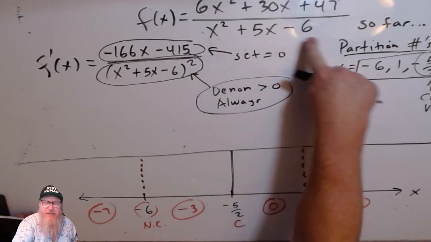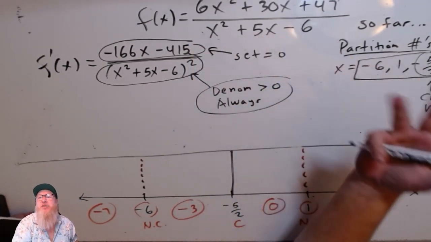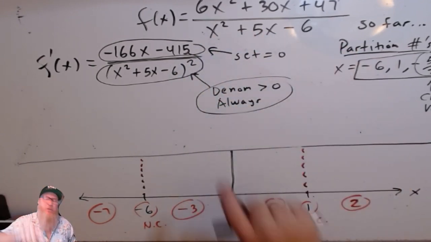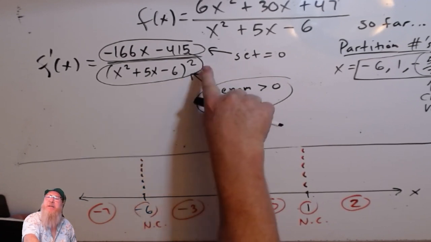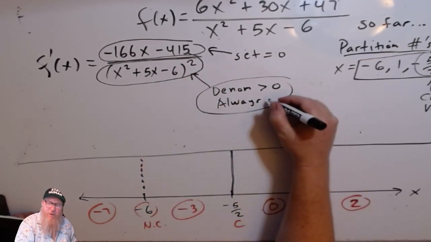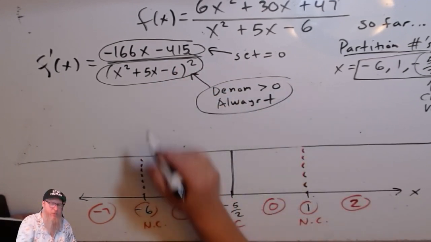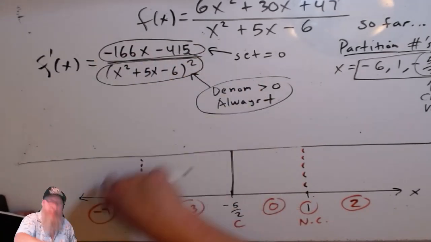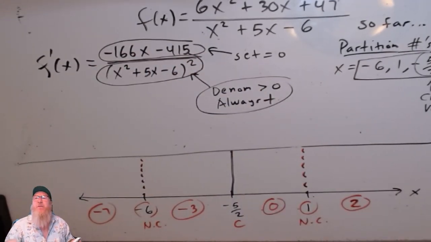The denominator of the original function didn't have the parentheses around it, so that's a whole different story. But the derivative is being squared, so it's always positive. So when I do my sign test, I don't really have to plug anything into the bottom. I can just skip it. Whatever happens on the top is going to determine the result of all the bins.